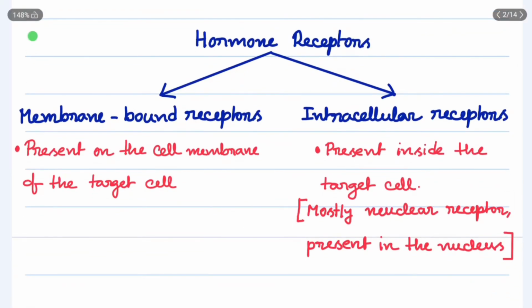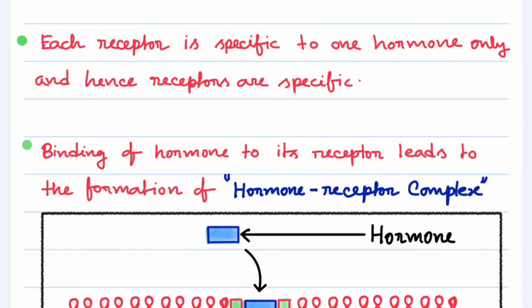The membrane bound receptor is present on the cell membrane of the target cell, and the intracellular receptor is present inside the target cell. Mostly these are the nuclear receptors present in the nucleus. Each receptor is specific to one hormone. It means only a particular type of hormone can bind with that receptor.